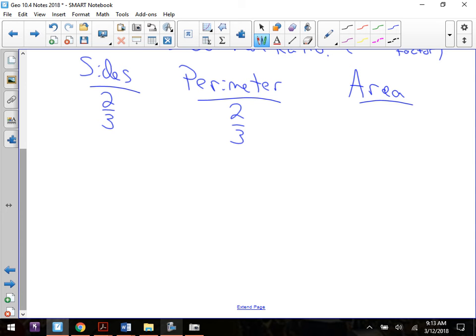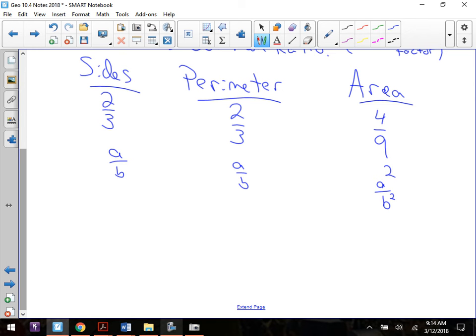You square it. If you have an A to B ratio for your sides, you have an A to B ratio for your perimeters, which means you have an A squared to B squared for your areas. It is quite literally that quick.